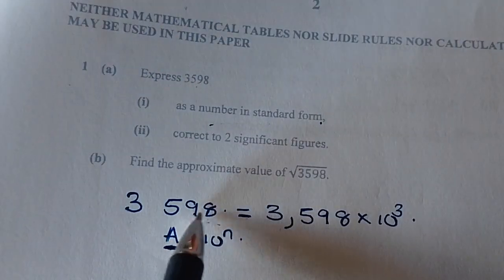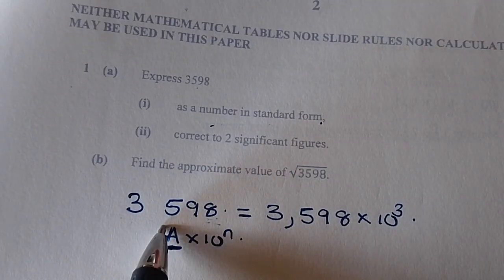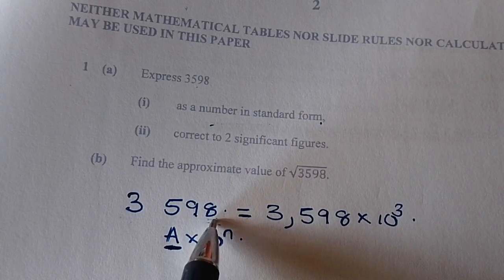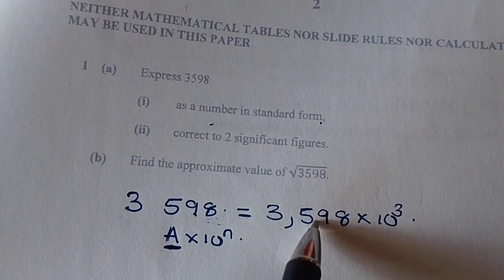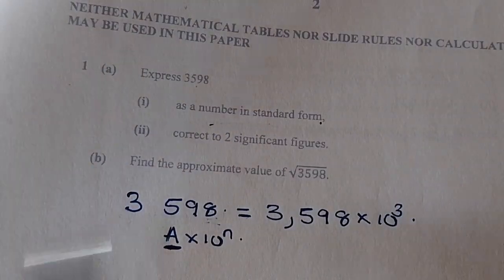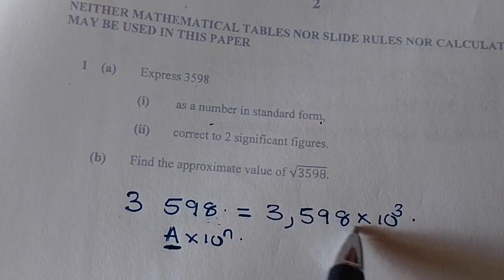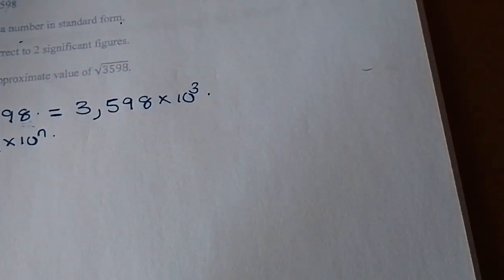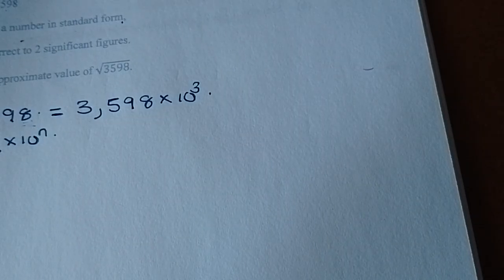So our comma is here, and we move it 1, 2, 3 places to the left. So it's 3.598 times 10 to the power 3.